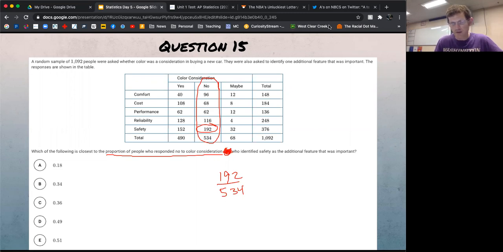What is the proportion of people who identified safety as an additional feature on the condition that they responded no to color consideration? The reading there can be very hard, but that's how I'd interpret it. The fact that it said "and" means we're looking at the people who intersected right here out of the total.